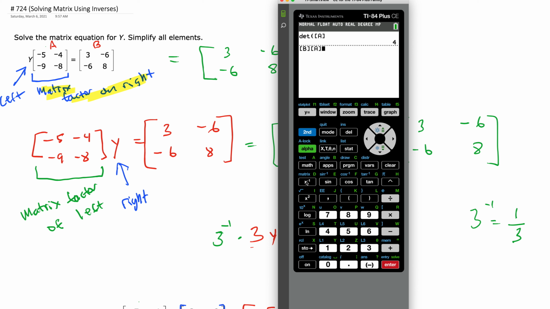But you hit this button right here, and now it's B times the inverse of A. Oh, wait, before I do that, let's figure out the inverse of A, since that's what we just did. So the inverse of A is this.